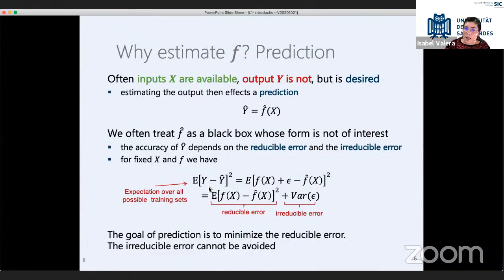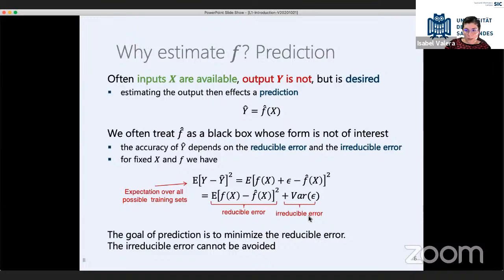In general, this mean square error is the difference of our estimator, which we call the reducible error, plus the variance of the noise, which we call irreducible error.